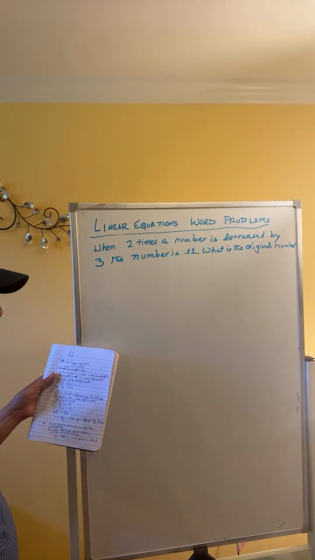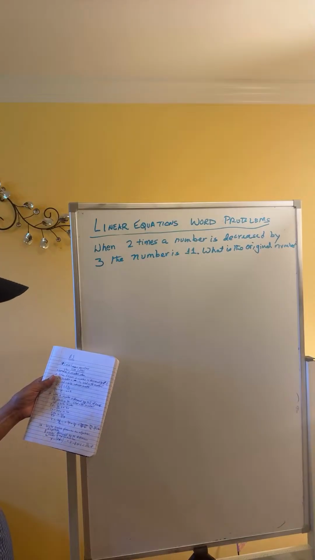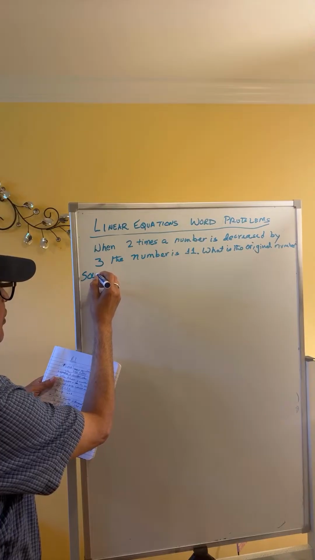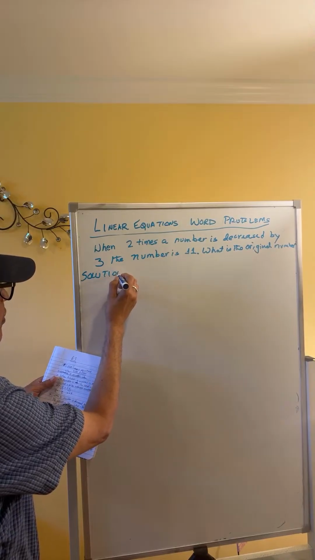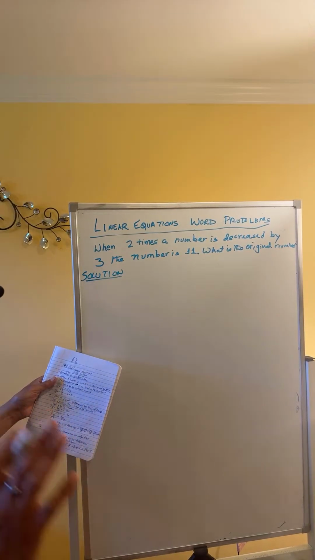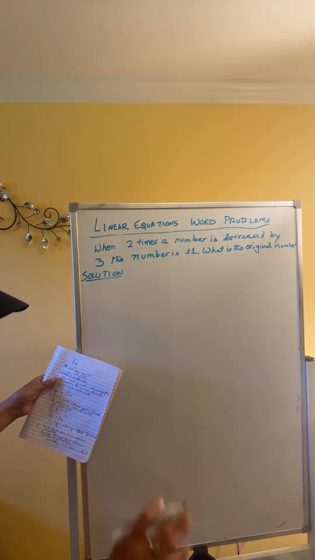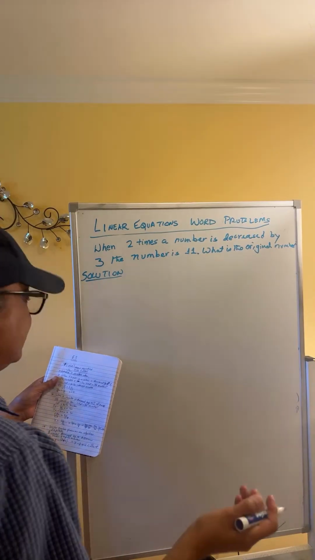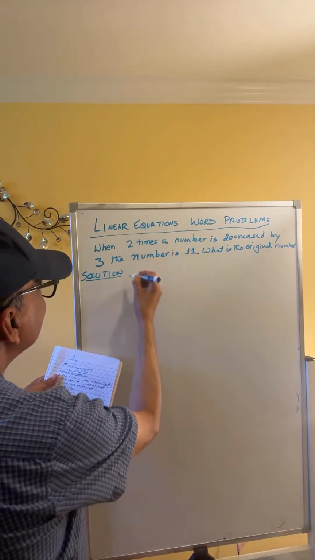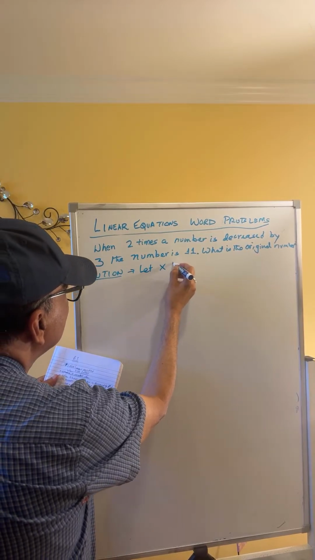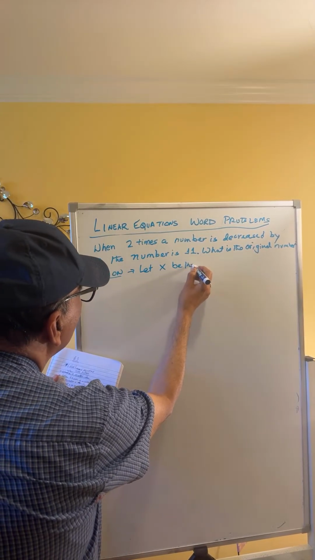Like any word problem in algebra, we will assume. So solution is, in an unknown problem, the unknown variable in algebra is always considered as x. So we will say let x be the unknown number.